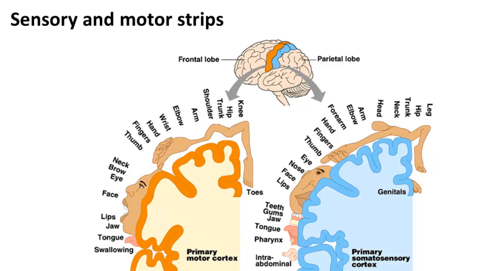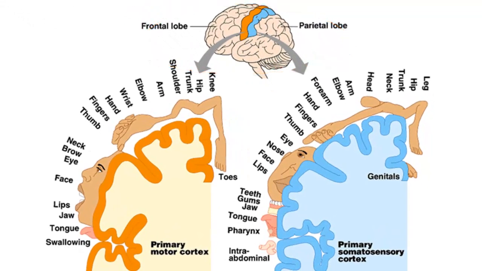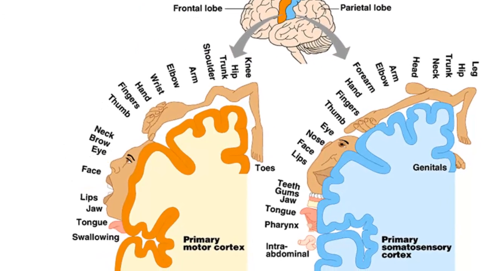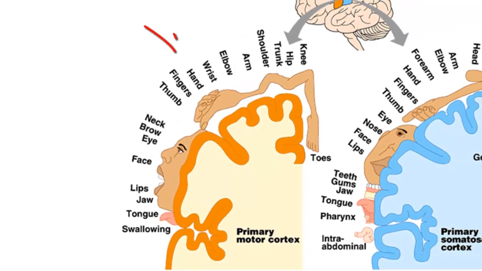In this diagram, you can see in the frontal region that they've sliced through the motor cortex, and you can see in that motor cortex down below that each part of the motor cortex represents a very specific part of the body. You can see that the hand is represented in the motor cortex in a very specific place. That part of the motor cortex actually controls our hand movements.